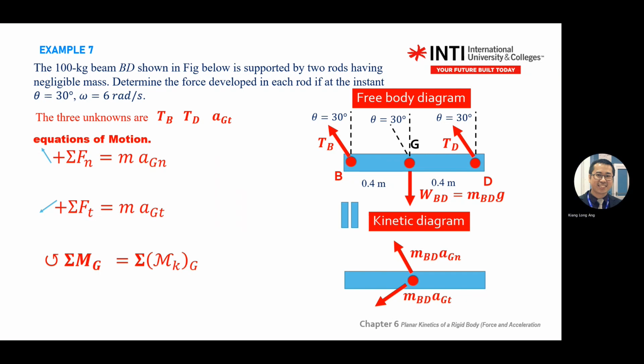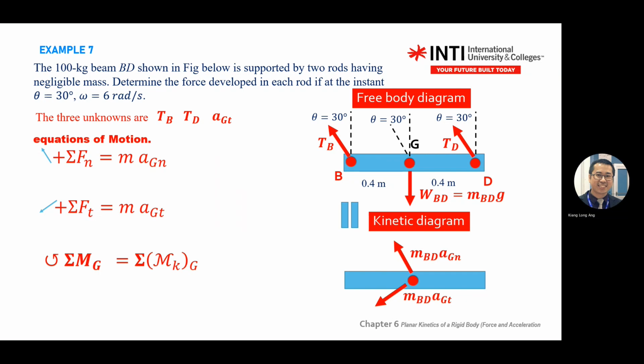Is that all? What else? Positive, negative, zero. Equal. Kinetic. Kinetic, you look at this one, right? At what point?